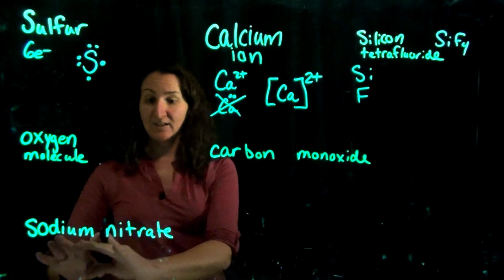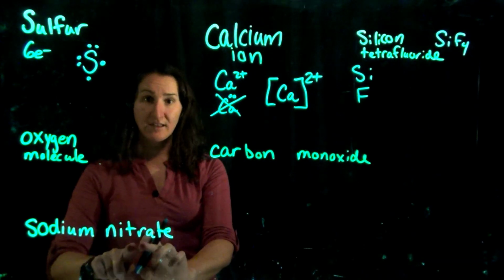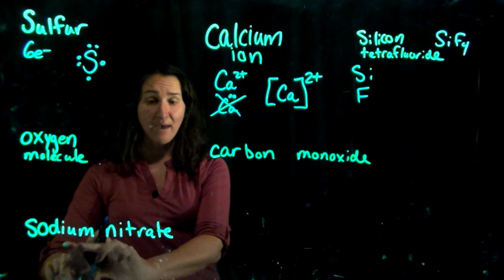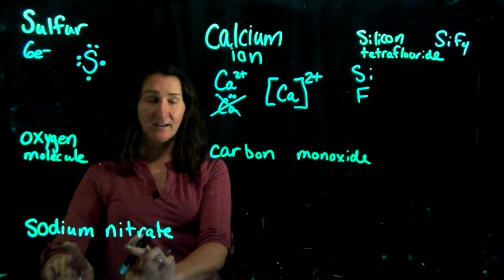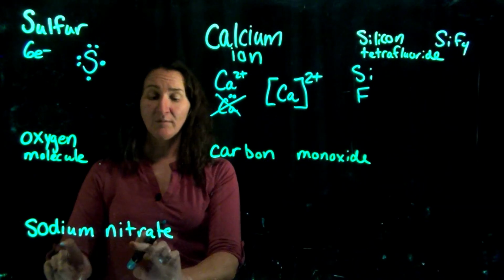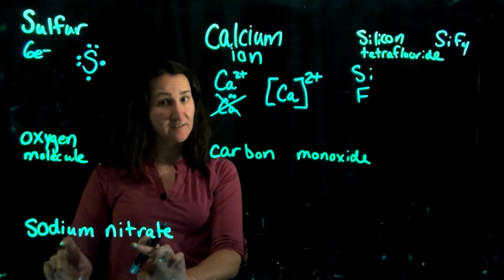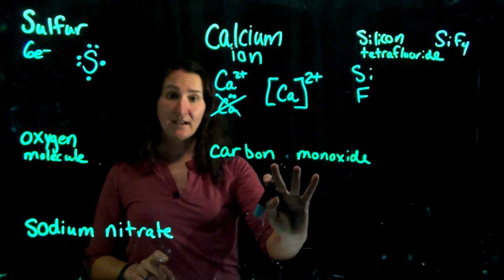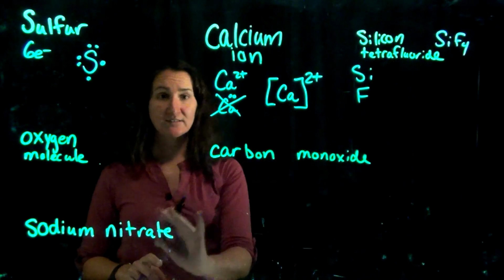Or if you've got things like sodium nitrate, polyatomic ion. Sodium is a metal. Anytime you have a metal, you're going to have an ionic bond, because nonmetals form covalent compounds. A metal plus nonmetal, or nonmetals, plural, is going to be an ionic compound. And here, carbon monoxide, covalent. So these are good things to remember.